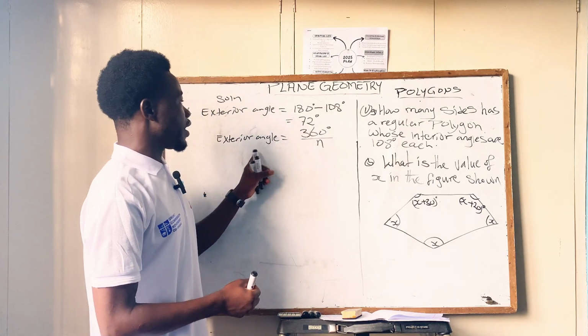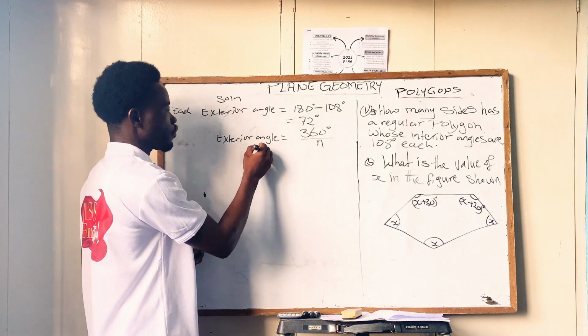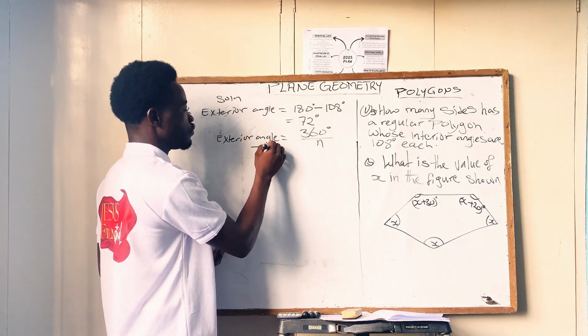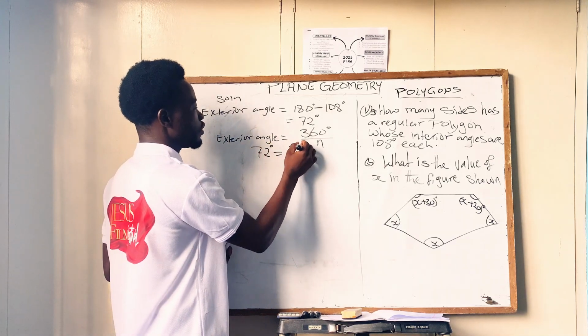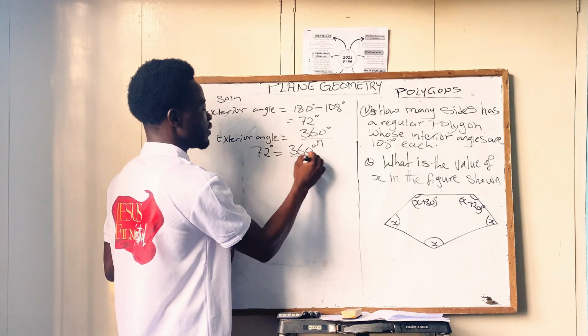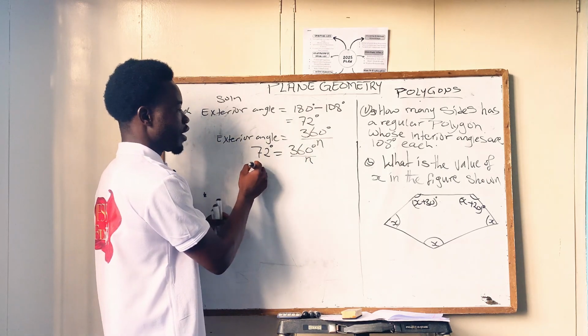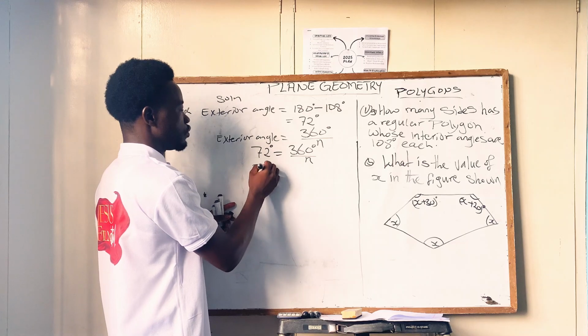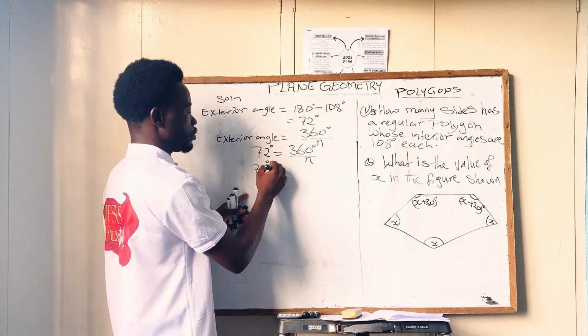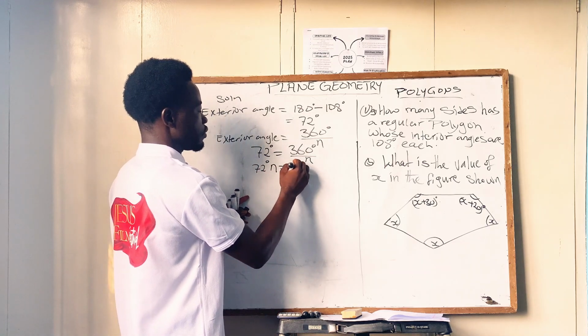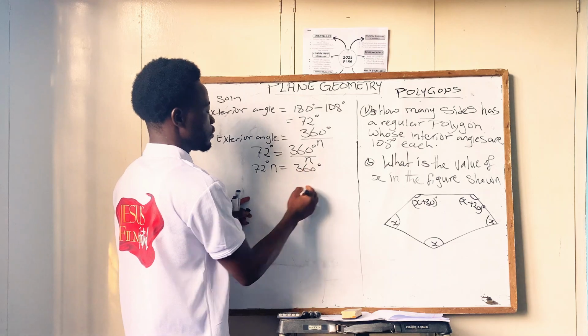Now we know the exterior angle to be 72, so I just replace it with 72 degree, and this is equal to 360 degree divided by n. So I can multiply through, right? So I have 72n is equal to 360 degree.